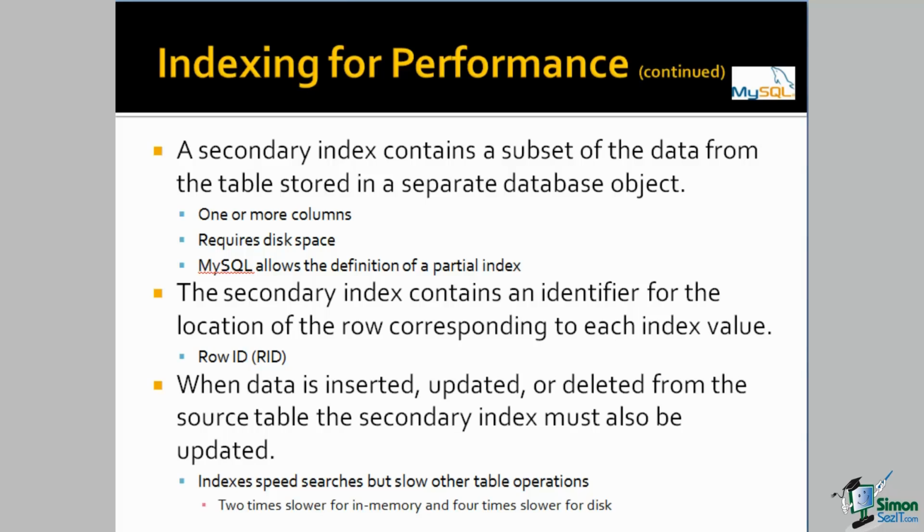Now, the non-clustered index can consist of more than one column, but remember that the non-clustered index is a separate data structure. It requires disk space. And as we said, the non-clustered index carries with it a reference to the row in the data table corresponding to each key value in the index. This reference consists of the row ID, or the RID, of the data row in the data table to which the key corresponds.